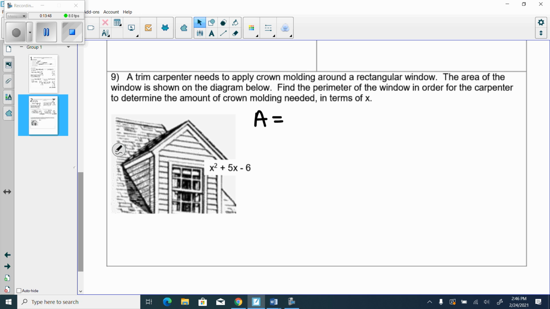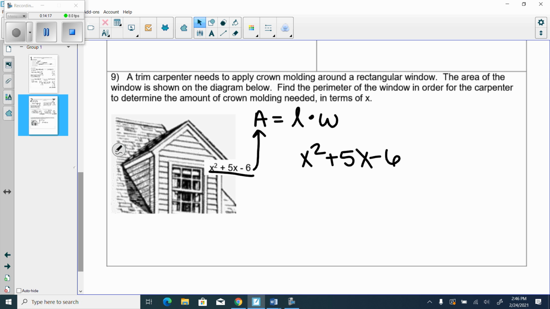What's the formula? Length times width. All right, and this is the area, so I'm going to take that and plug it in for A. And when I'm done, I need to have broken it into two separate pieces, which is exactly what we do when we factor, right? So I have x squared plus 5x minus 6 that I want to factor.